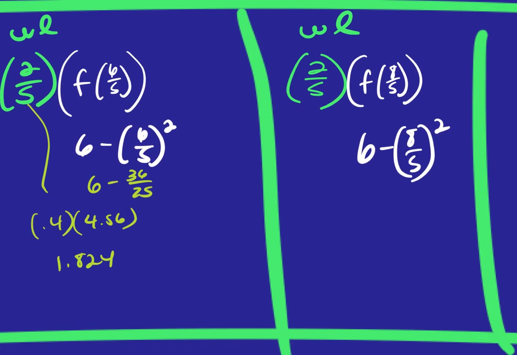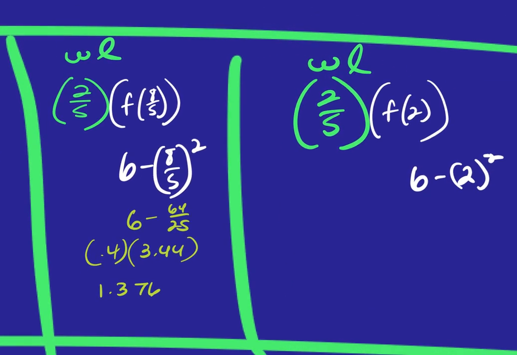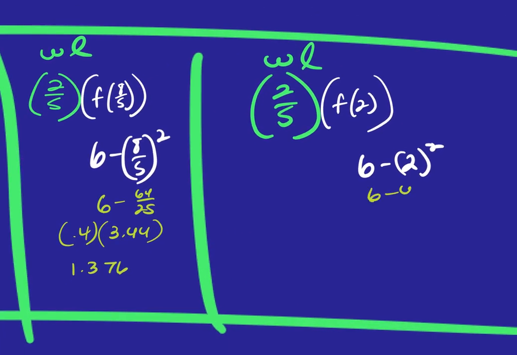Then 6 minus 8/5 squared, 3.44, times 0.4, 1.376. And then my last one, 6 minus 4, which is 2, times 0.4, which is 0.8.